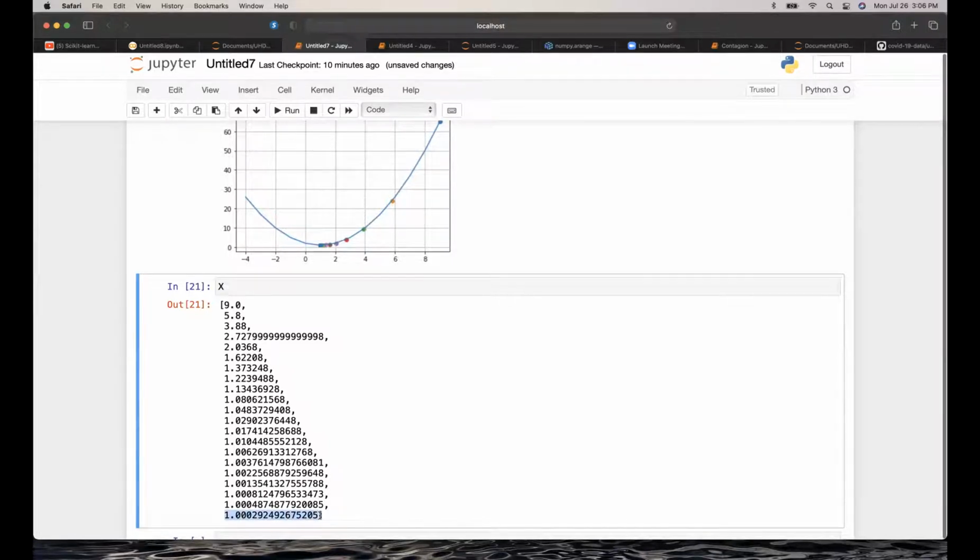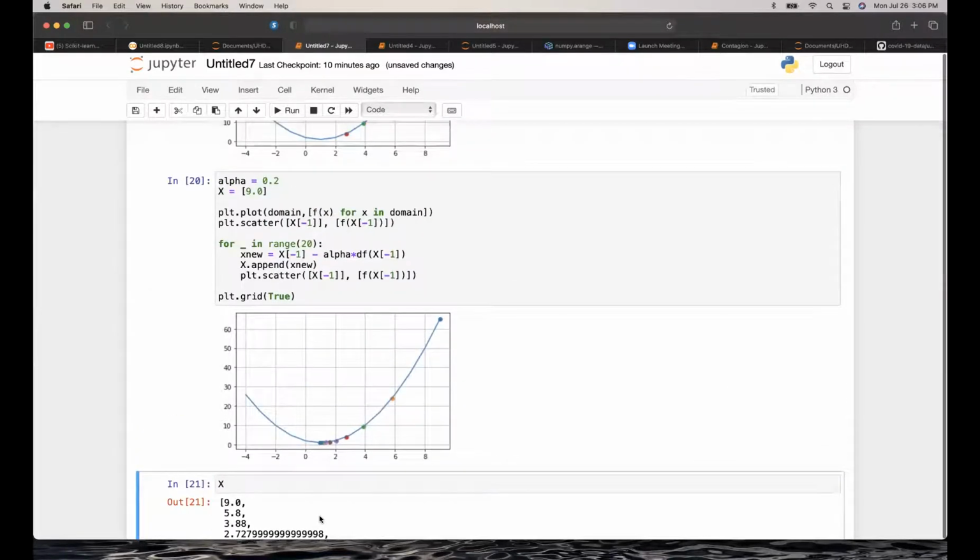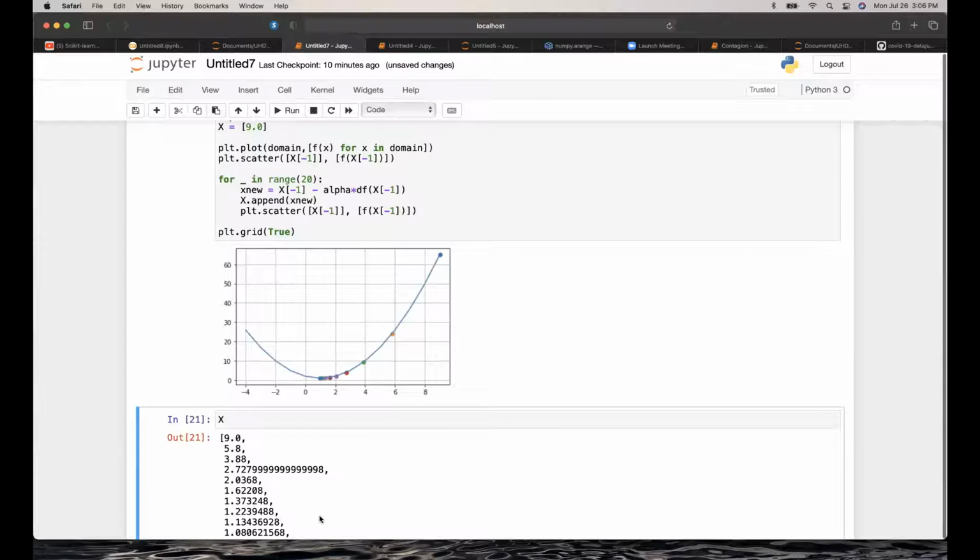Okay. So in general, how would you do this? What would be a stopping criteria? There are several ways that you can stop the algorithm besides just giving it a max iteration. You could look at when the derivative is sufficiently close to 0, then you know that you're at a critical point, right?